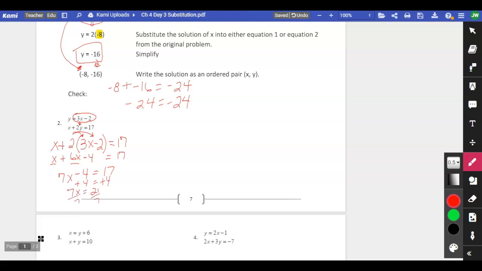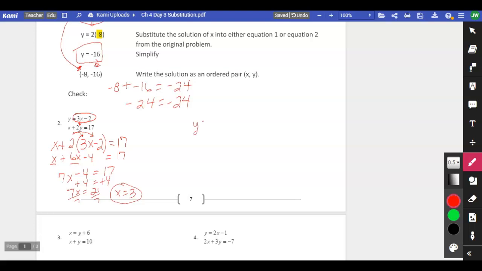And of course, 21 divided by 7, I get an answer of x equals 3. So now that I know that x equals 3, I can plug this into either equation up here. It doesn't matter. Both will give me the same y. But for simplicity's sake, I'll plug it into the first one.